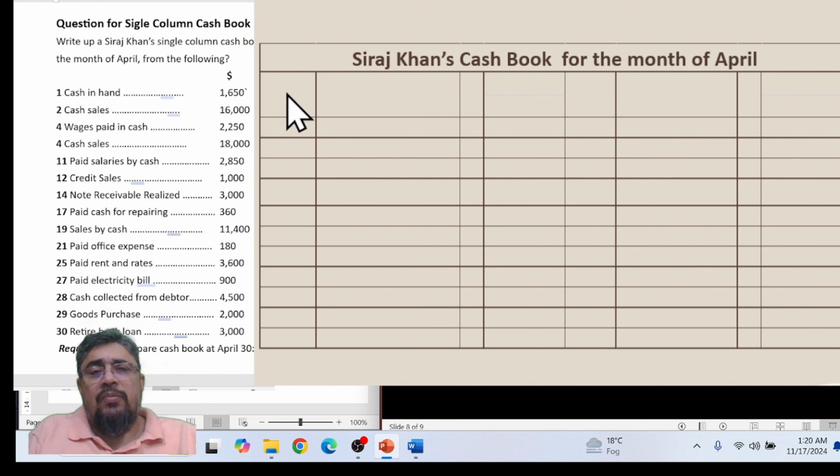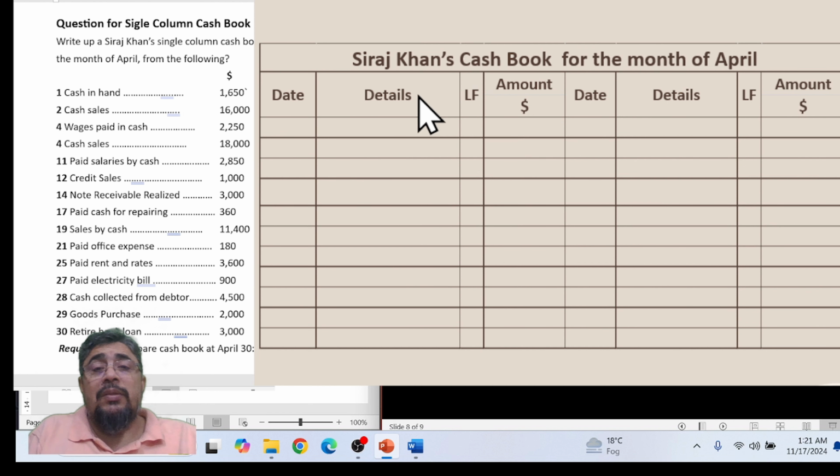Then we write the date, details, LF (ledger folio) and amount for each column: date, details, LF, amount for the debit side, and date, details, LF, amount for the credit side.